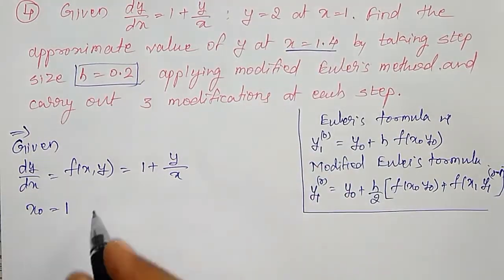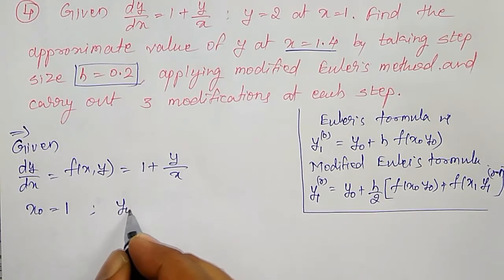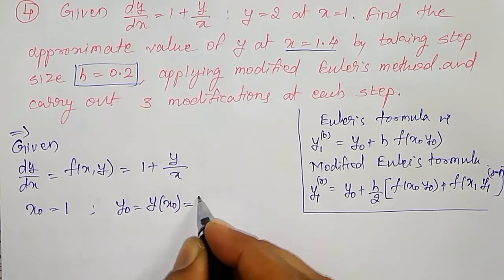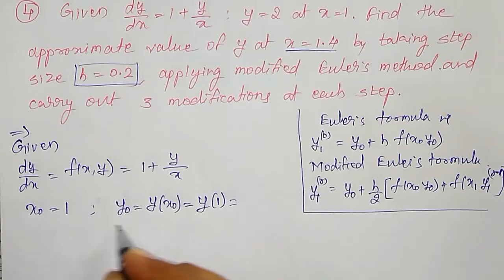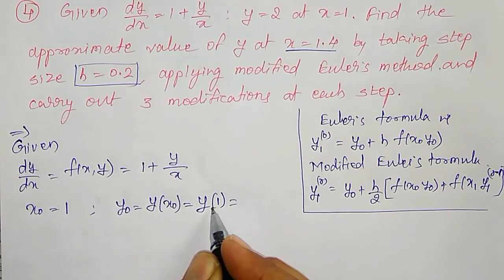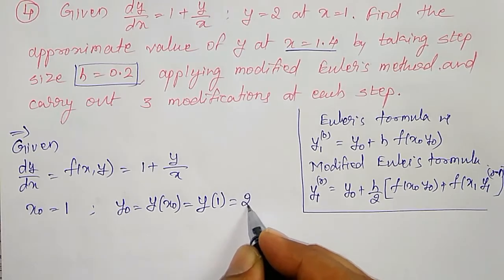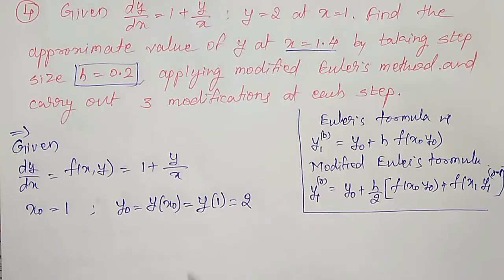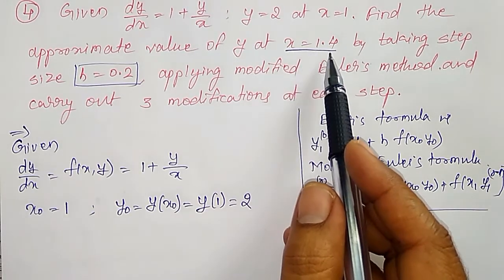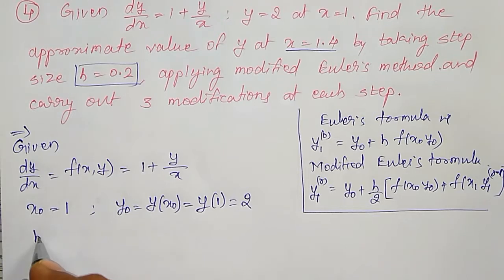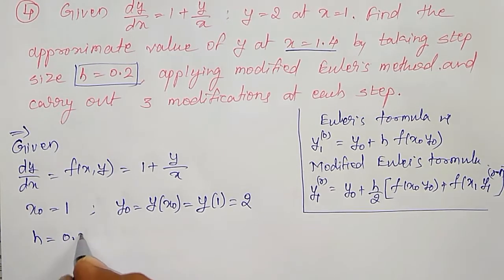The corresponding y0, that is the y value at x0 equal to 1, is given as 2. Using this, what I have to calculate? The y value at x equal to 1.4. Directly I cannot calculate, but the step length h is also given. h is equal to 0.2.